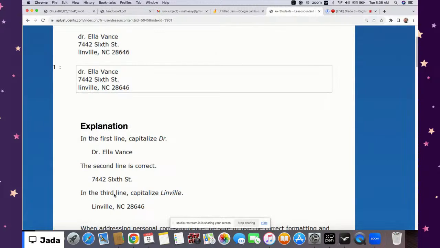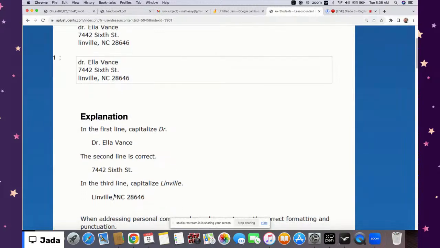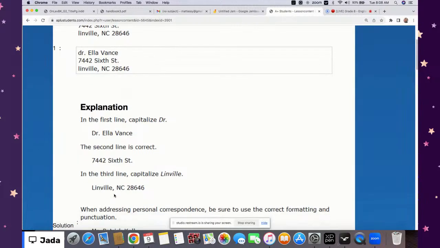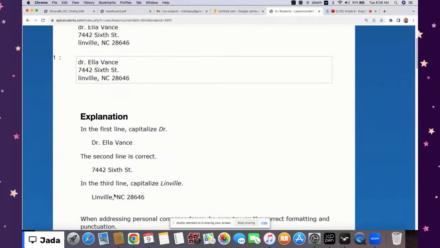So, you see that where you have the street, there's a period there, and that is okay. And then on the third line, capitalize Linville. Linville was in small letters and it shouldn't be so.